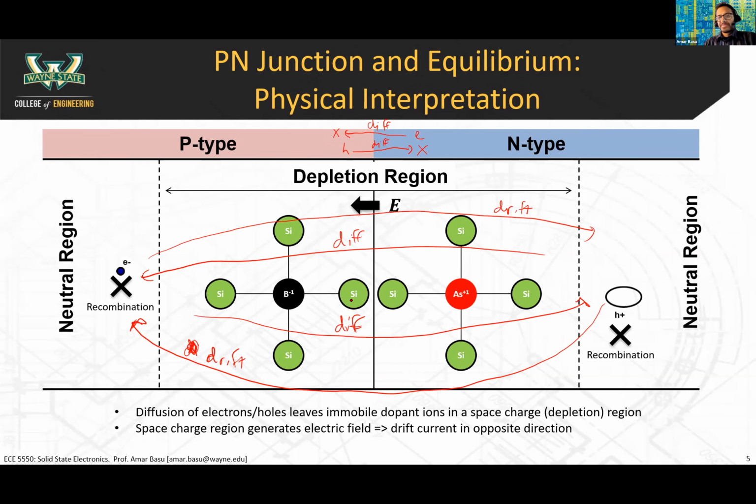Turns out at equilibrium, the drift and diffusion currents balance each other and add up to zero. And that brings us back to the point that Janan made earlier, that at equilibrium, the currents add up to zero.